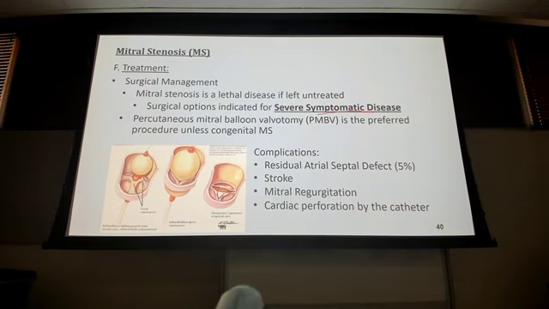And then another concern is that you go from a mitral stenosis to a mitral regurgitation, because now I pop those leaflets open and they freely move, but that doesn't necessarily mean that they are going to close like they should. So there may be a regurgitation present from this.